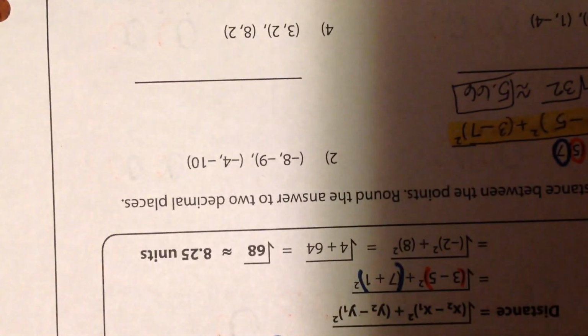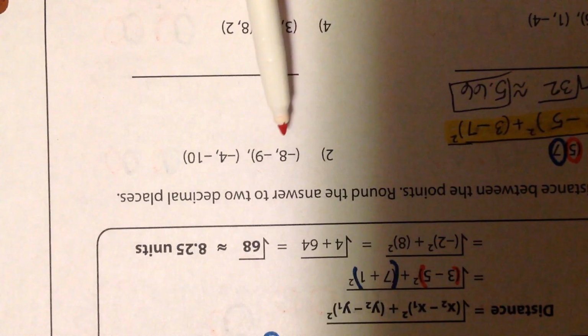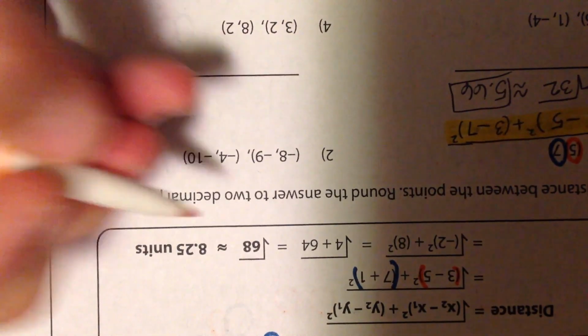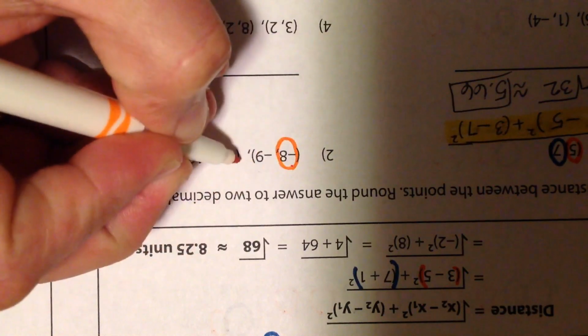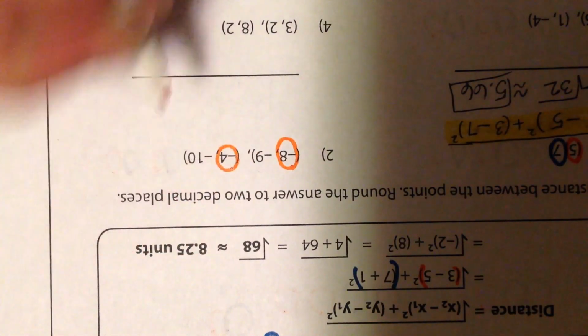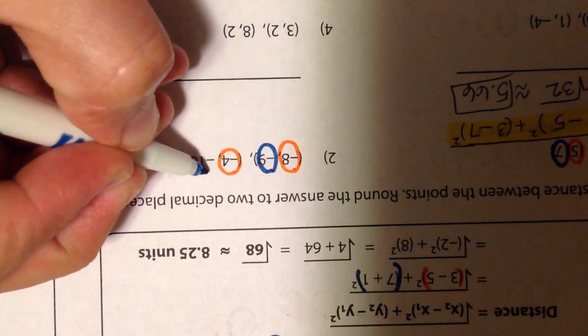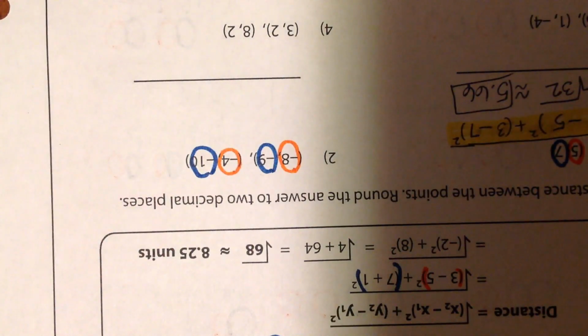In example 2, I need to find the distance between (-8, -9) and (-4, -10). I have a lot of negatives here. So I'm going to circle my x's, which are -8 and -4, and my y's are -9 and -10. I'm just going to drop those into my equation.